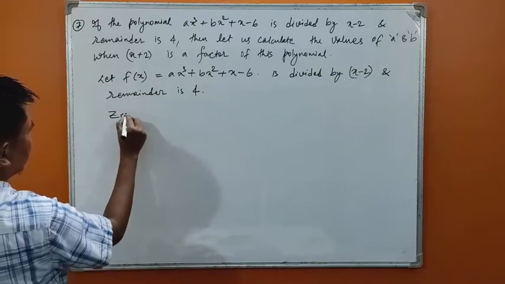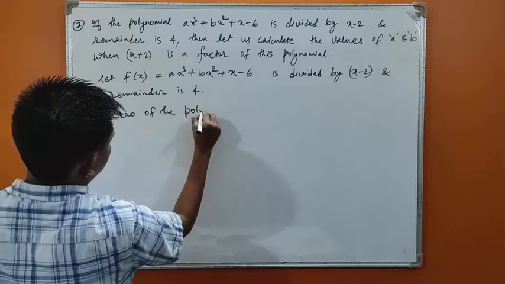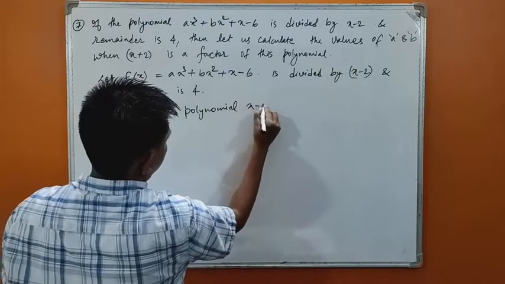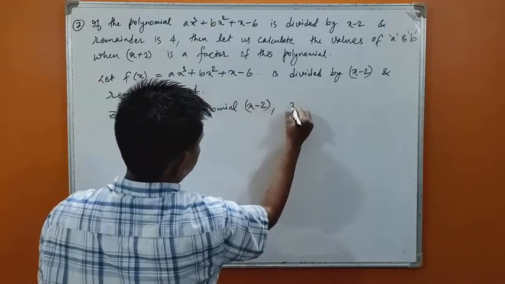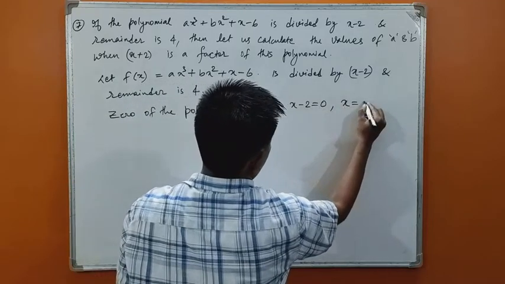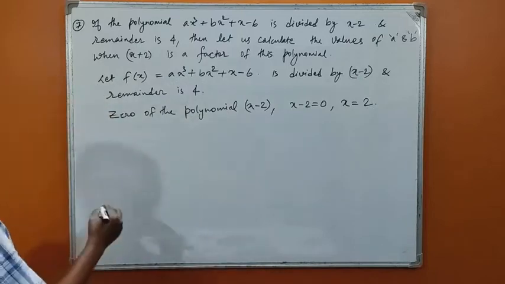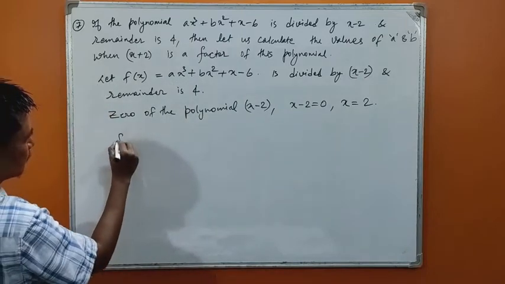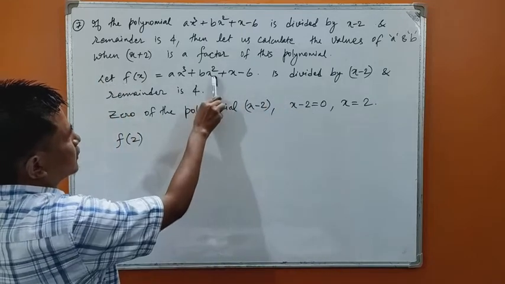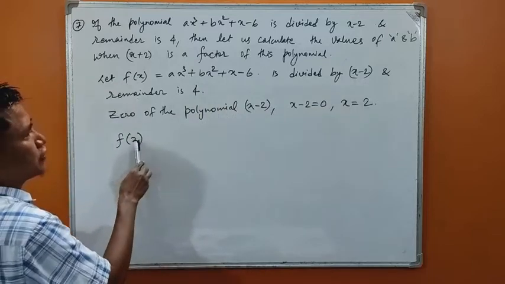Zero of the polynomial x minus 2: x minus 2 equals to 0, isn't it? Or x equals to minus 2 becomes plus 2, isn't it? So remainder will be f(2). When this expression is divided by x minus 2, remainder will be f(2), isn't it?